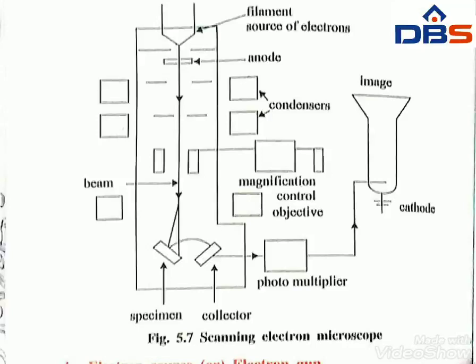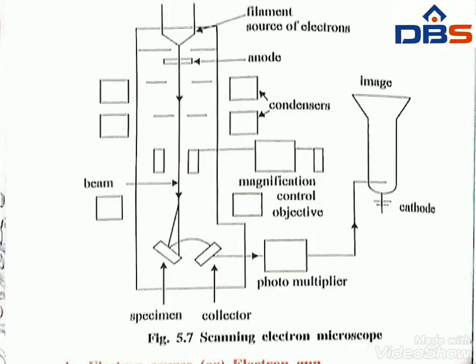Primary imaging is done by collecting secondary electrons released by the sample. The secondary electrons are magnified and finally made to fall on a fluorescent screen to obtain the final image.